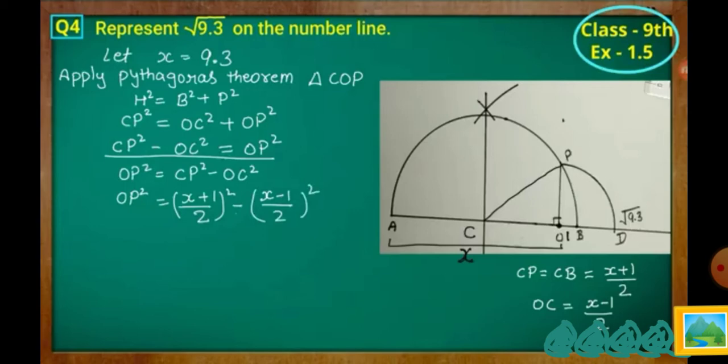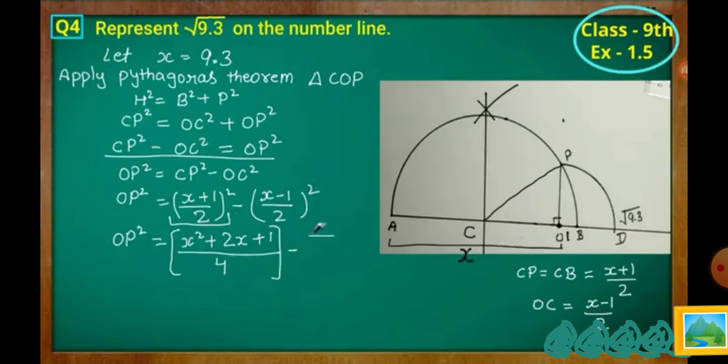Yes, substitution over. Now you simplify. OP square is equal to, now x plus 1 by 2 whole square. So that is x square plus 2x plus 1 divided by 4. Take x plus 1 whole square in the form of a plus b whole square. So that is x square plus 2x plus 1, and down it is 2 square, that's why 4. Similarly, minus x minus 1 by 2 whole square.